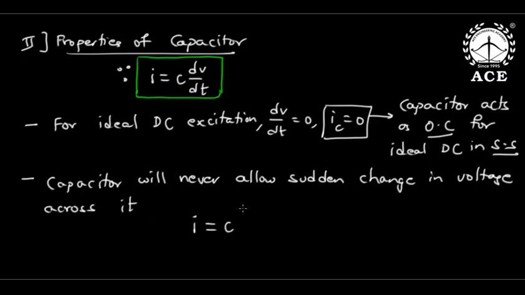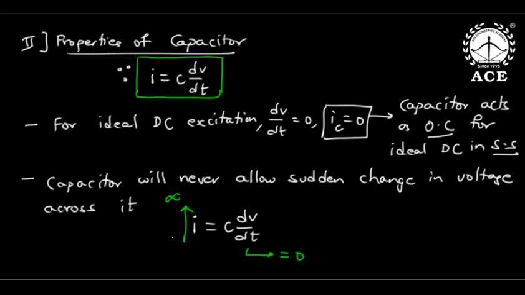Since I is C dV by dt, if dt equals 0, then I becomes infinity. That is a violation of the law of conservation of charge. How can you drive infinite current in zero time in any element or wires? Practically everything has ratings.